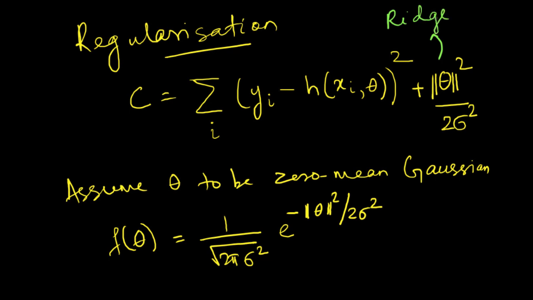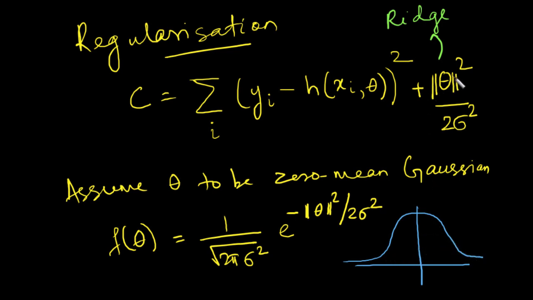There are other kinds of regularization methods that we are going to see later on, but this is a very common regularization method, and basically what it does is that because we have assumed our parameter θ to have a Gaussian distribution, meaning that we are assuming that our parameter values are small, close to zero, because if you remember, a Gaussian distribution looks something like this, which means that our parameter values are closer to zero with a high probability, and as you move away from zero, the probability of θ taking those high values becomes very small.